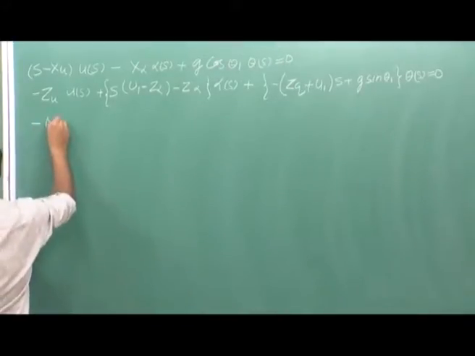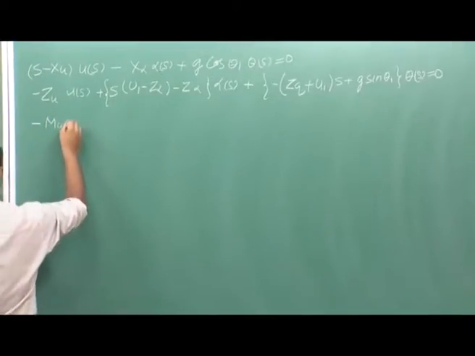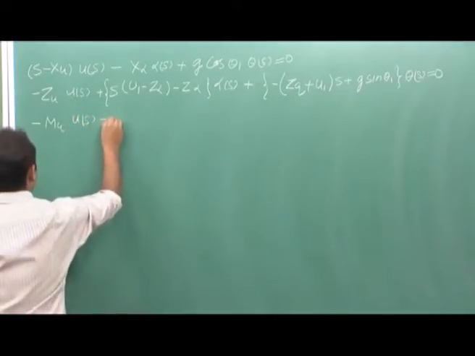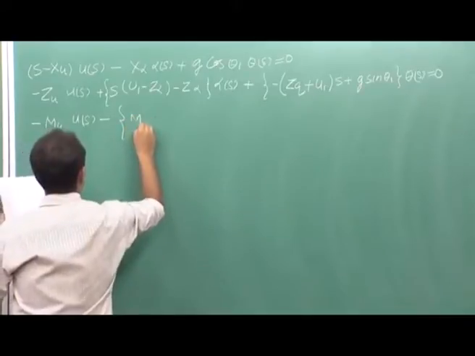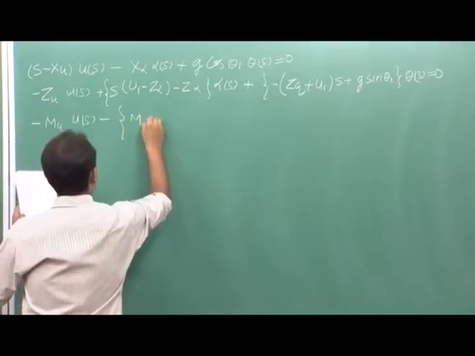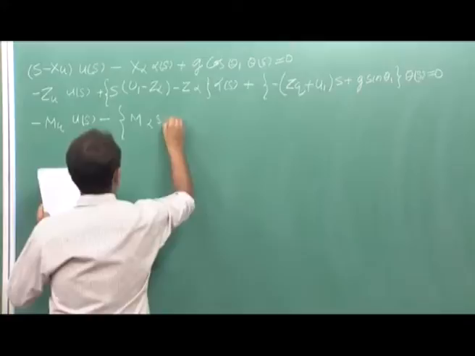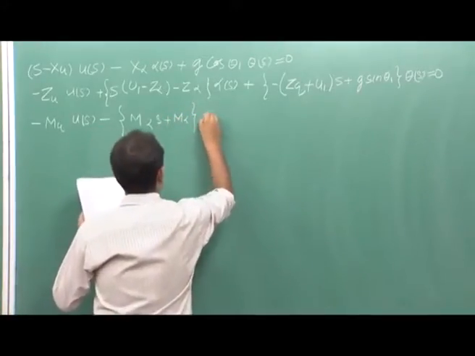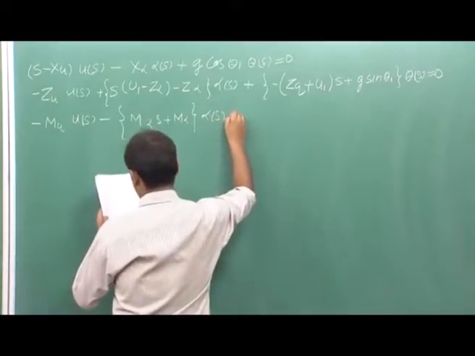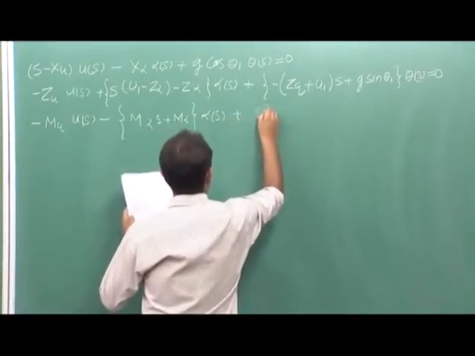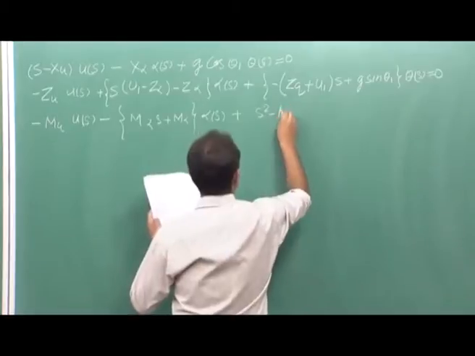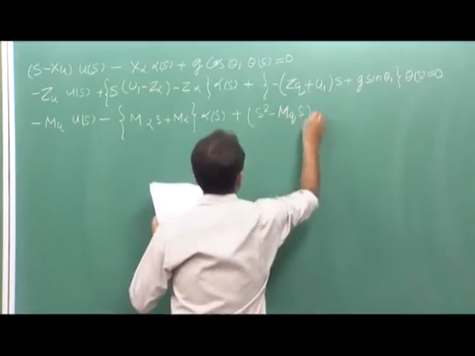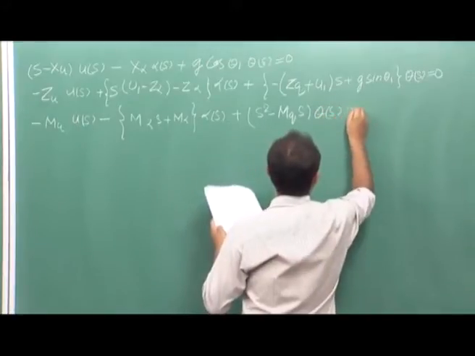And minus m u U of s minus m alpha dot s plus m alpha into alpha of s plus s square minus m q s into theta of s equals 0.